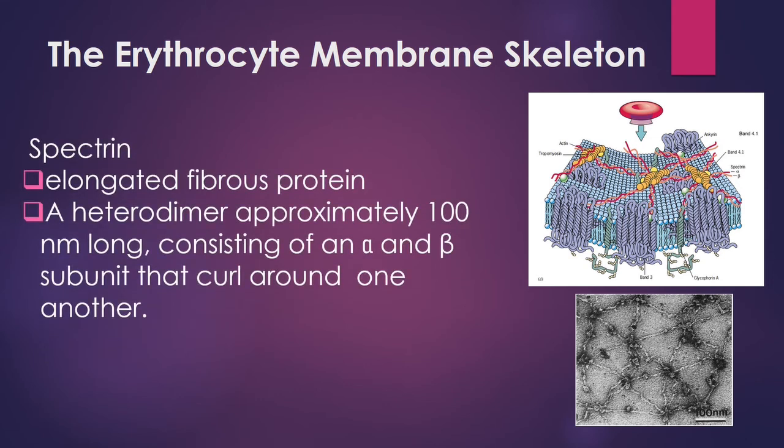The major component of the skeleton is an elongated fibrous protein called spectrin. It is a heterodimer approximately 100 nanometers long, consisting of an alpha and beta subunit that curl around one another.